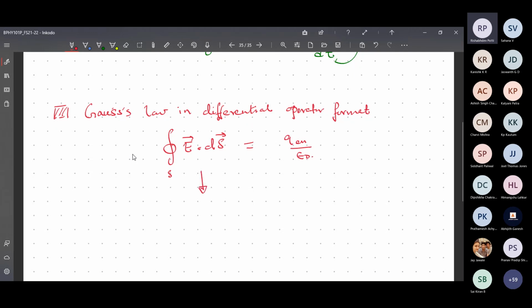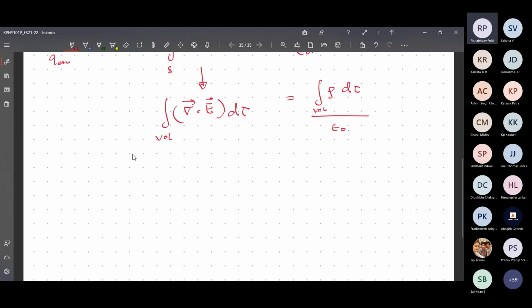The integral of divergence of E into d tau. Yeah, volume. Correct, very much correct. Now charge Q enclosed is the volume charge density, so rho d tau over the volume.